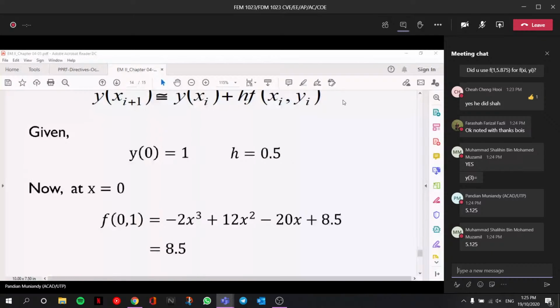Then you continue at x is 2. Sorry, x is 1.5, y is 5.125, and the next x is 2. So y at x 2 equals to 5.125 plus 0.5 f of 1.5, 5.125.